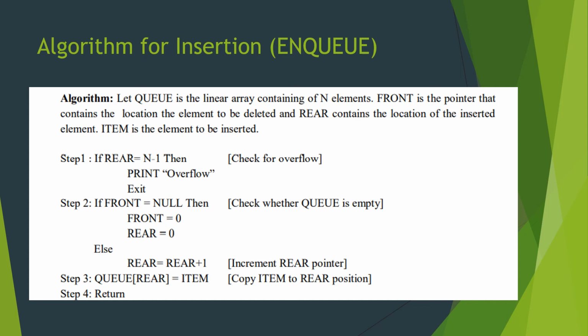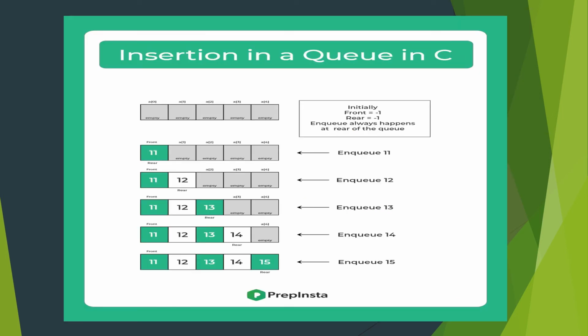These are all the steps for inserting an element into the queue. This process we can call NQ. So this is the diagrammatic representation of the insertion in a queue. In C programming or in a data structure, first we have to create the new queue.